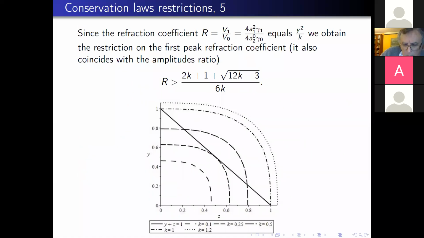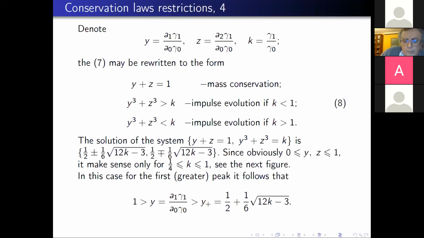Recall that k is a ratio of coefficients by the dispersion term.